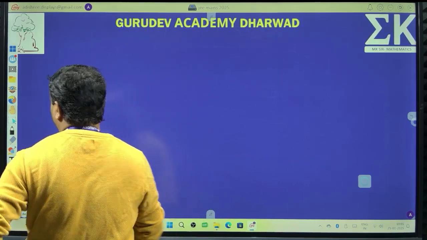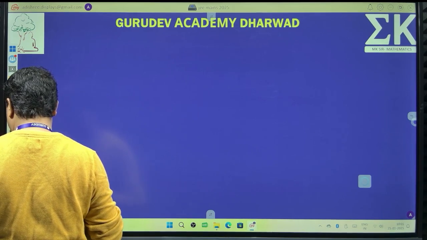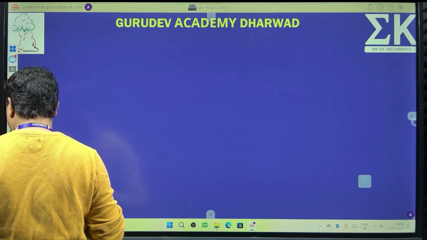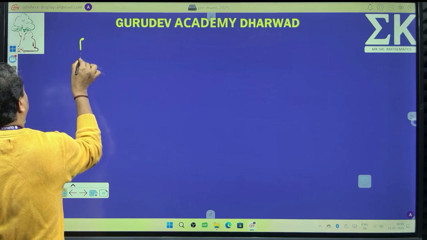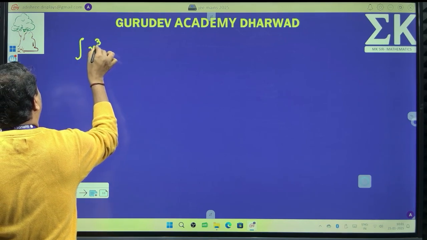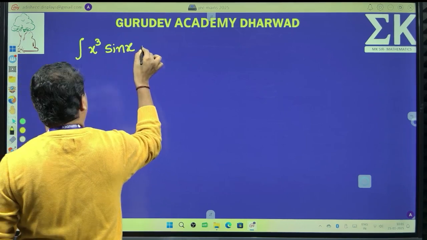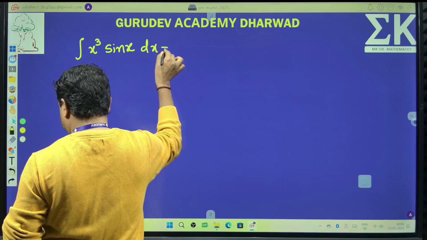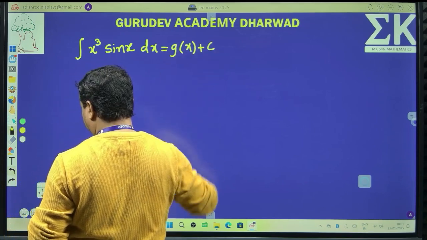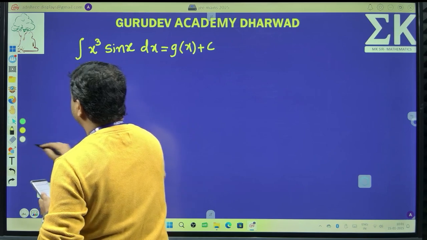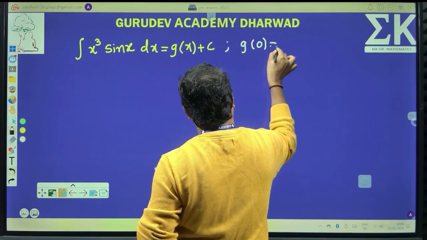The next question is on integration. Integration of x cube sin x dx is equal to g of x plus c, where g of 0 is equal to 0.